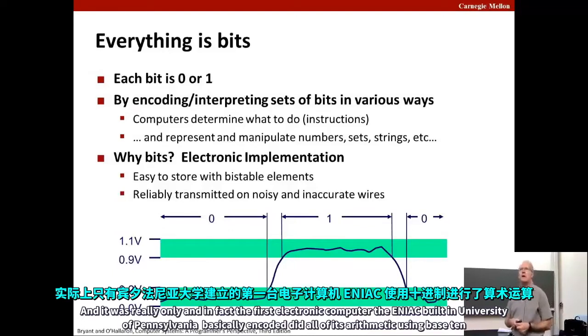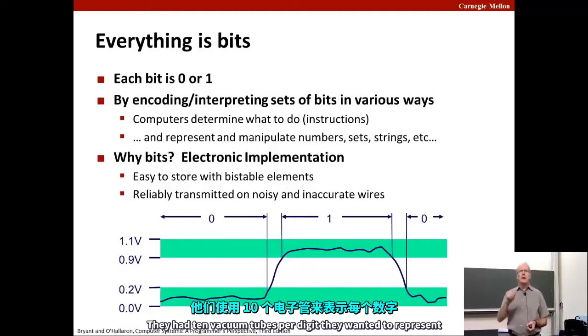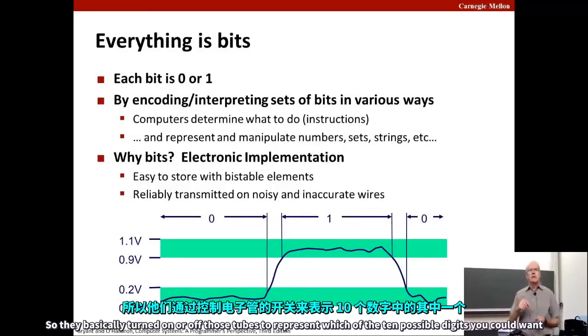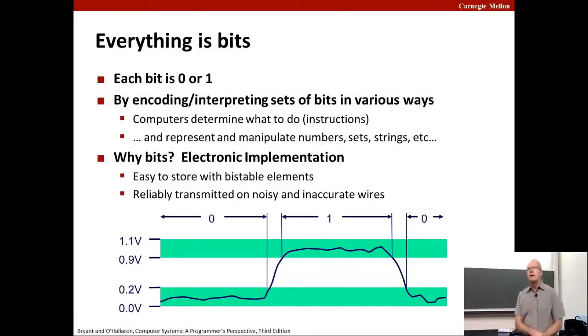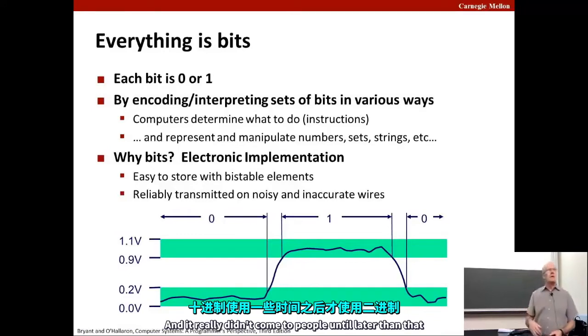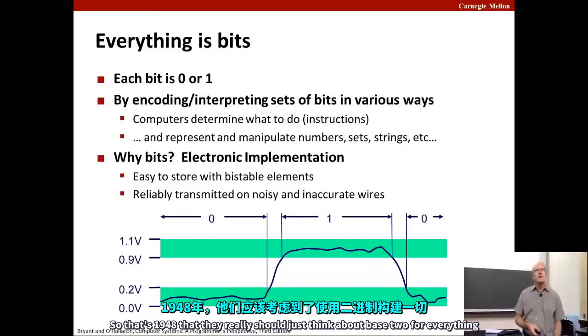In fact, the first electronic computer, the ENIAC, built at the University of Pennsylvania, did all of its arithmetic using base 10. They had 10 vacuum tubes per digit they wanted to represent, and they turned those tubes on or off to represent which of the 10 possible digits you wanted. It really didn't come to people until later, around 1948, that they should just think about base 2 for everything.